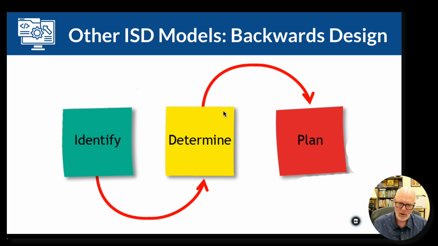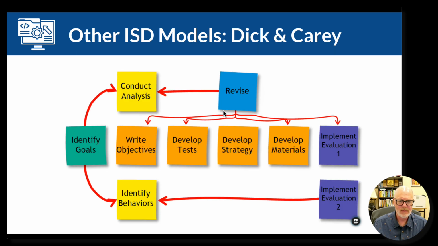Backwards model. So backwards design is: start with what is the end goal? What do we want? What's that ideal state? And determine what it will take to make that happen, and plan to make it happen, right? So you start with the end in mind, and then backwards plan from there.